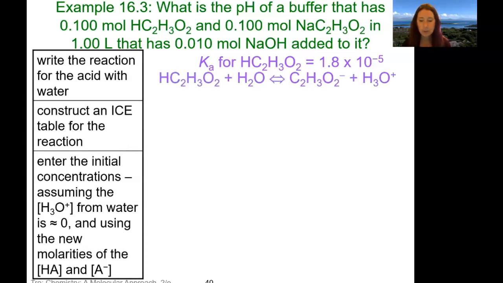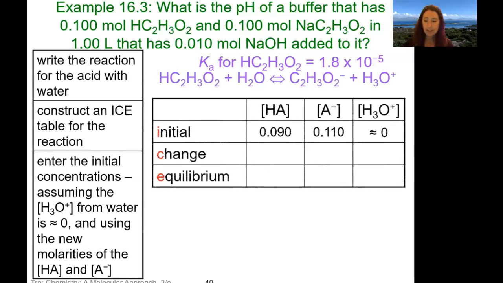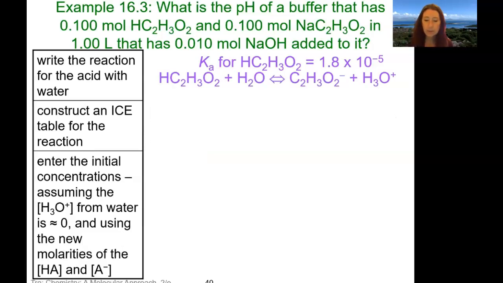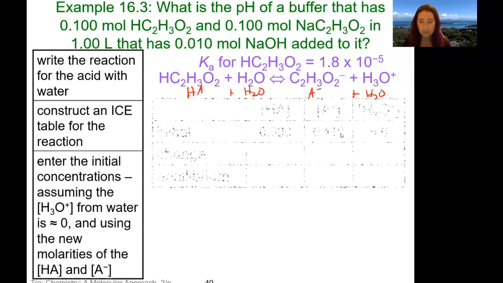So here's our beginning molarities. And again, we have our new reaction. Now, this reaction is our acid. We're going to put our acid in water, and then we have our conjugate base and H3O+. So those are the generic pieces of it.